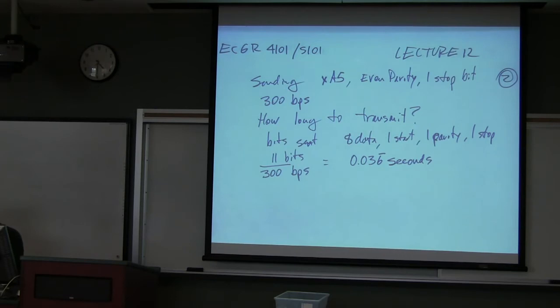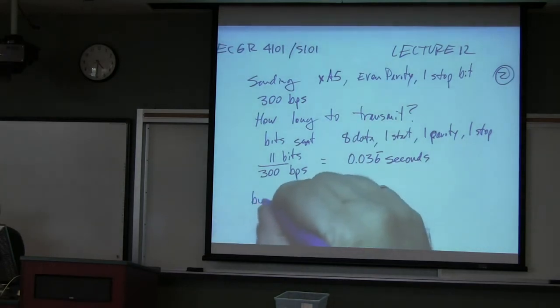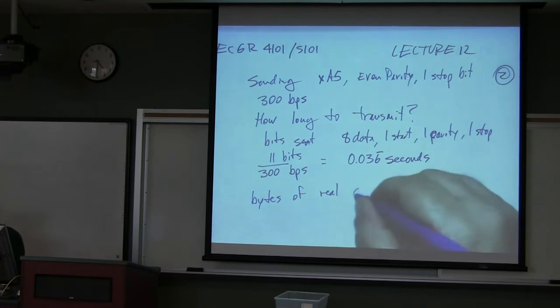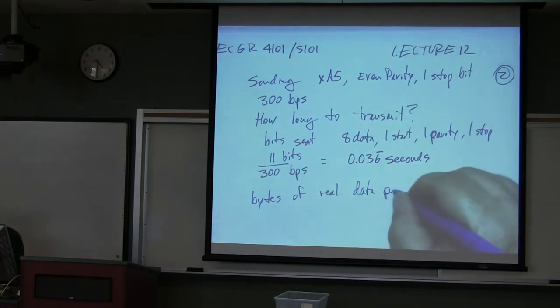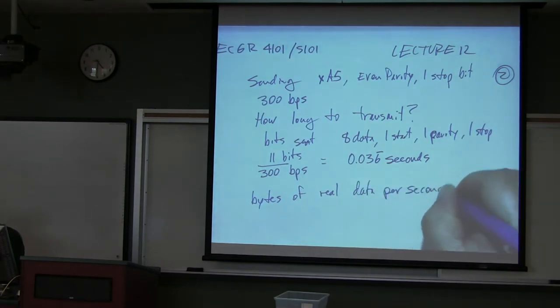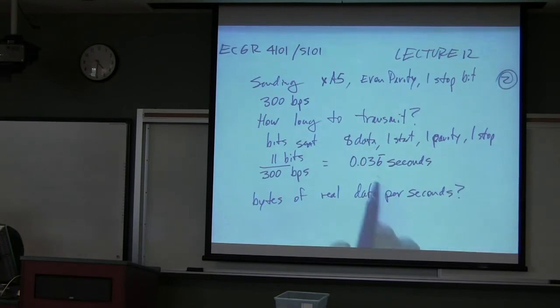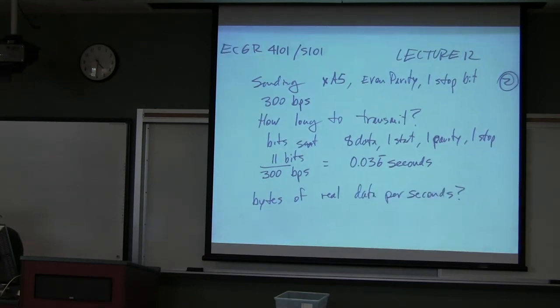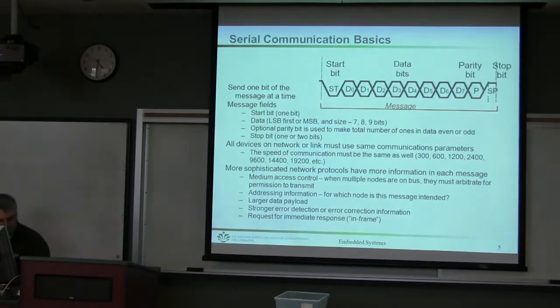What's the throughput? How many bytes per second? How many bytes of real data? Well, what does this give you? It gives you a frequency, right? So what's the frequency? 1 over that.